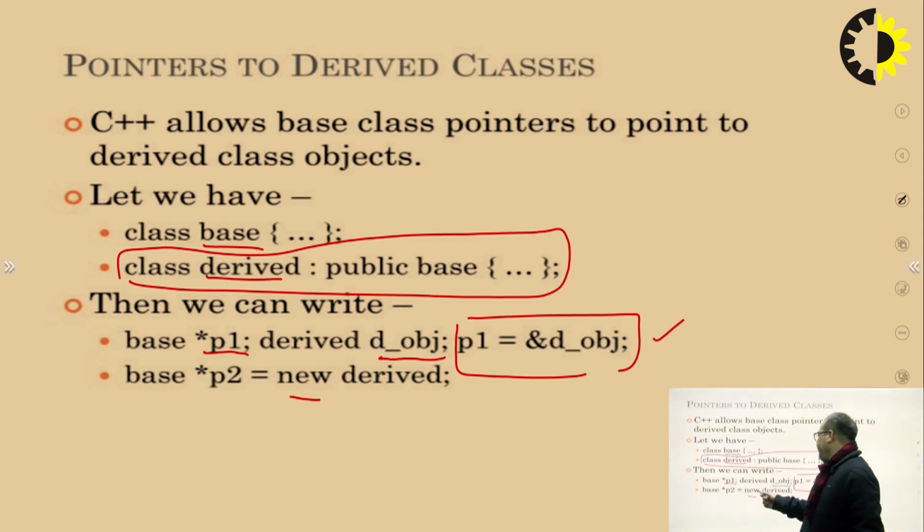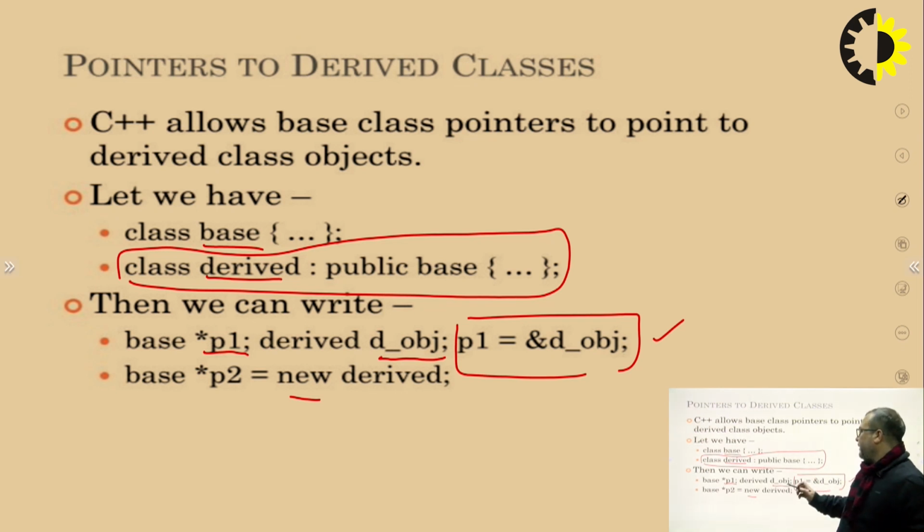So even by using the new keyword, we can give the address of the derived class object into this P2 pointer. So P1 and P2 are two different ways to assign the address of the derived class, or even the base class.